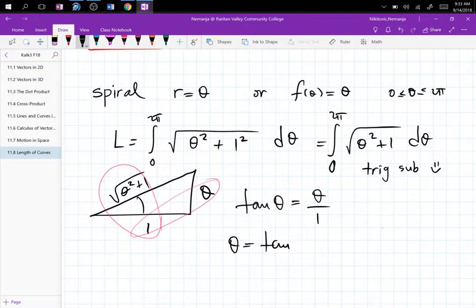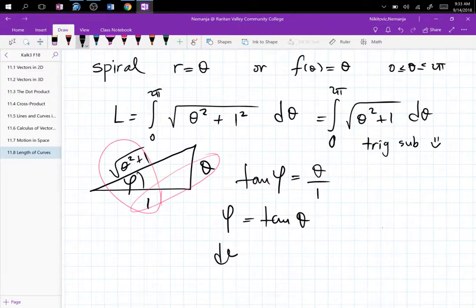So let's use a different Greek letter. What should we use? Let's use phi, because we can. So tangent phi, and then we have that theta is equal to tangent phi, and then d theta is going to be, what's the derivative of tangent? Thank you very much. Secant squared phi d phi.